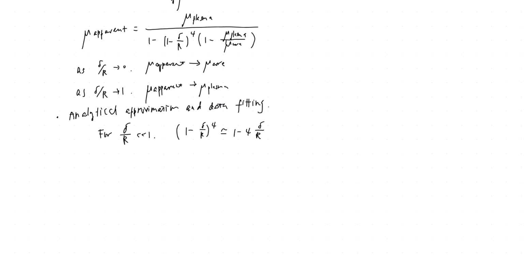So now you can rewrite your apparent viscosity by using this term. So mu apparent equals mu plasma divided by 1 minus 4 delta divided by R, multiplied by 1 minus mu plasma over mu core.